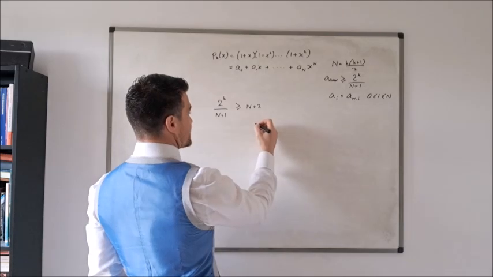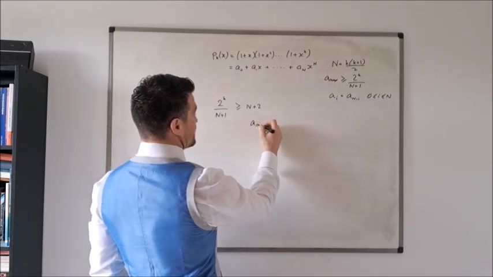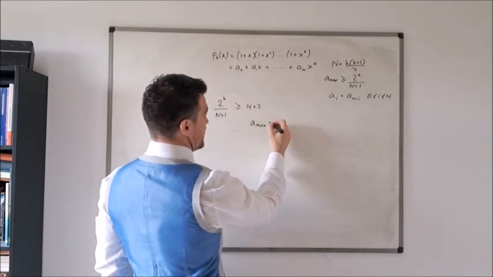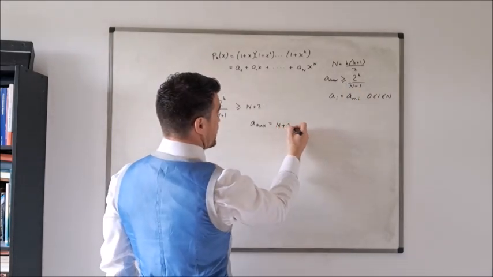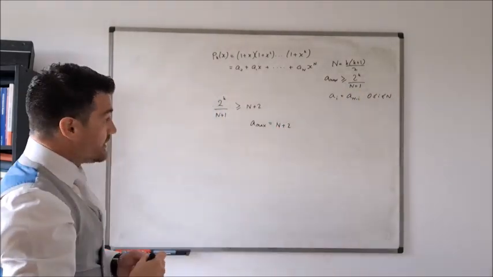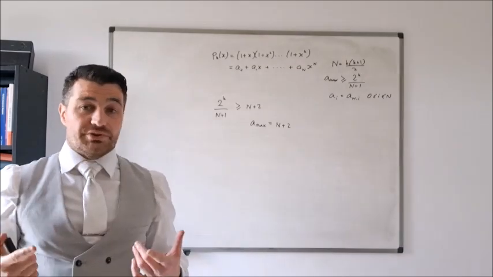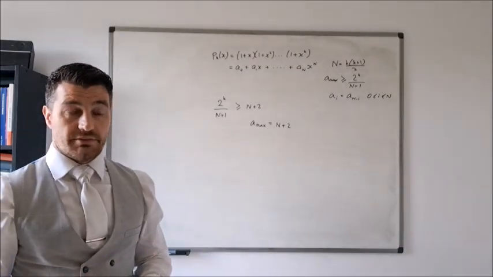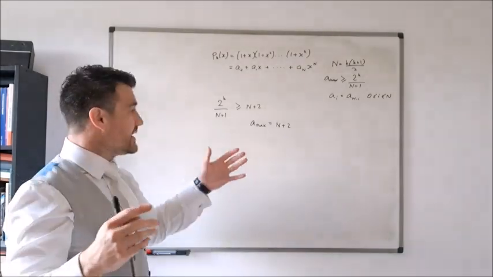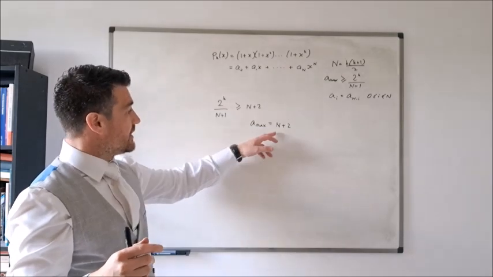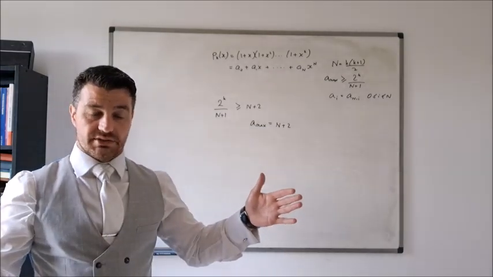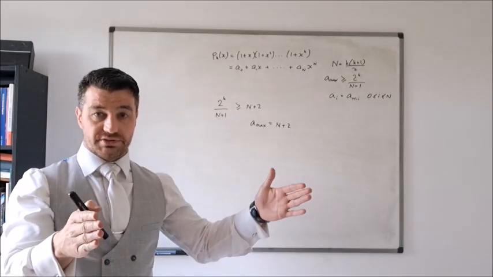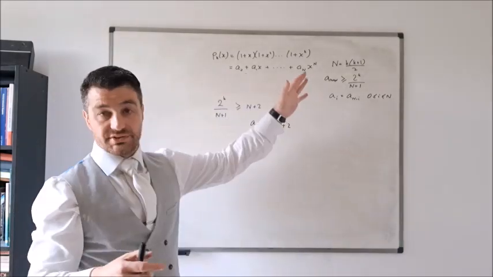And at that point, if a max is equal to n plus 2, it might be greater than n plus 2, but let's say it's equal to n plus 2. Then, because there's only n plus 1 coefficients, there's no way that you can account for n plus 2 integers in only n plus 1 possible coefficients.